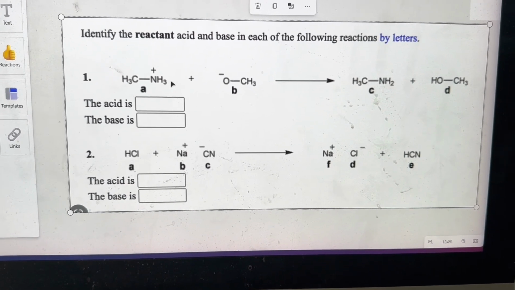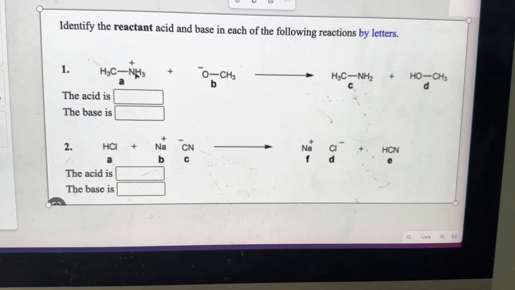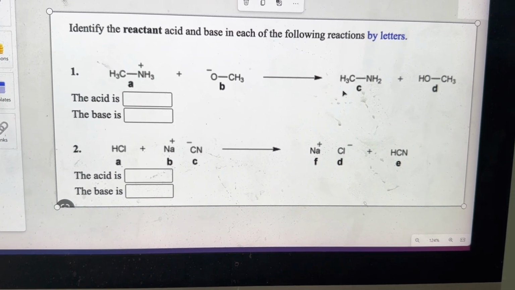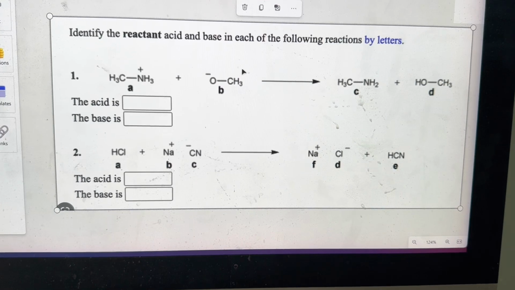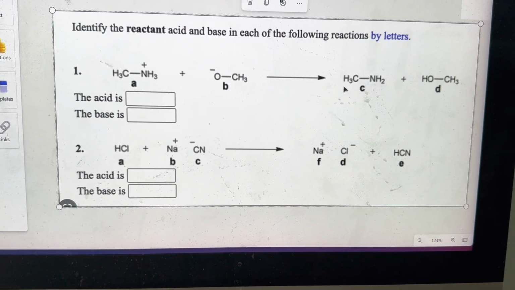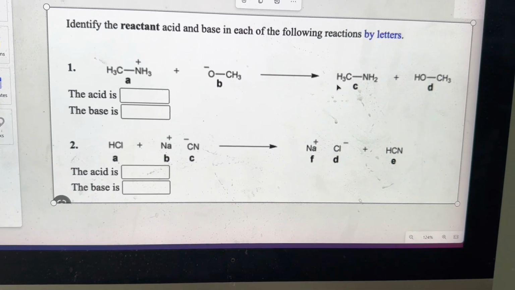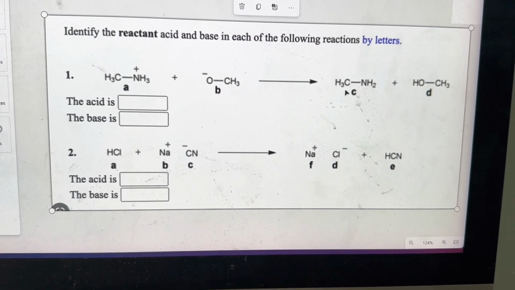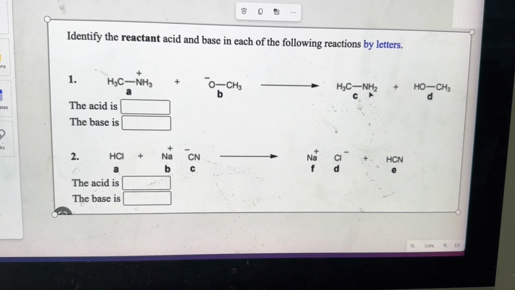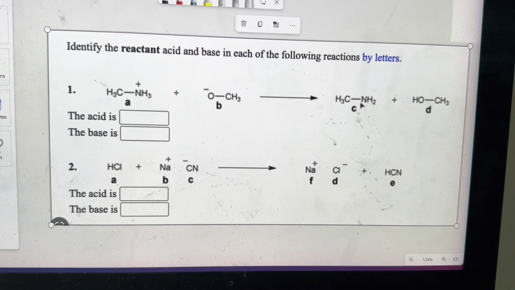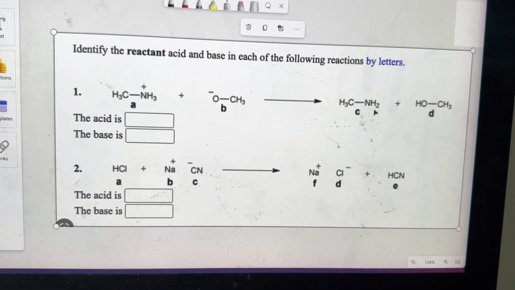So let's look. This one is going to pair with the one that has the NH in it. So that's going to be this one. This would be our pair, A and C. So we want to look at how A changes into C, and what happens to its hydrogen. The H3C hasn't changed, but the N over here has lost its positive charge, and it has lost a hydrogen.